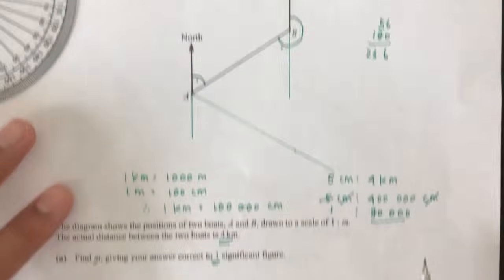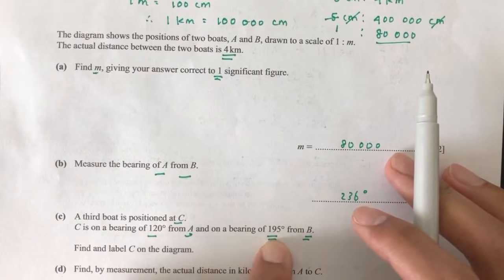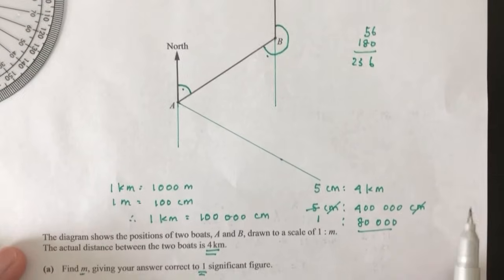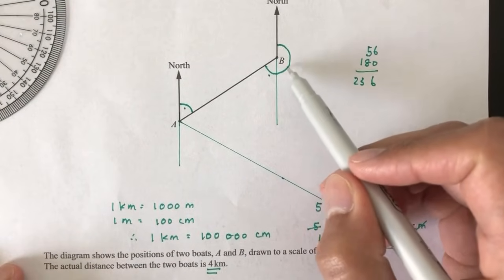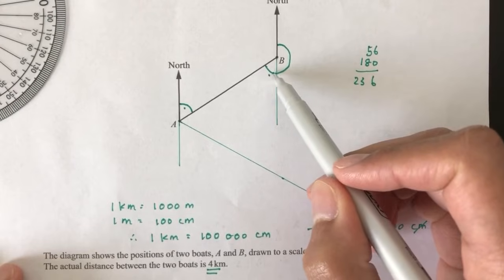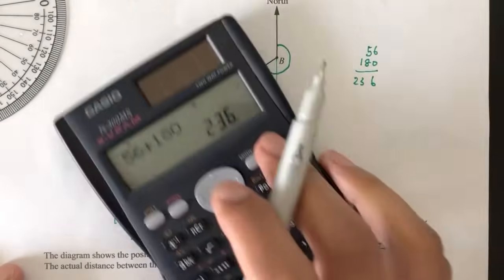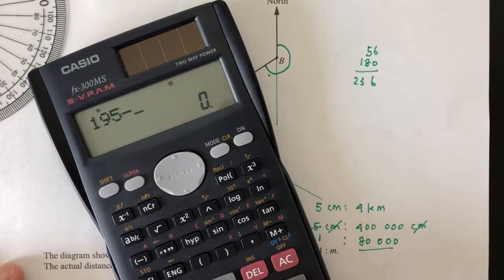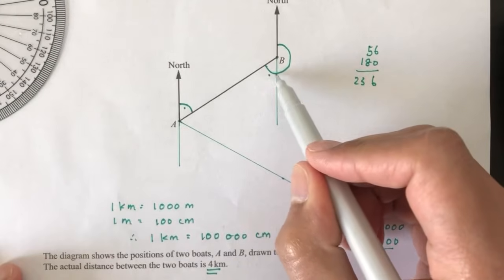Now we say that it is on a bearing of 195 from B. So this is B, this is 180, and 195 will be about here. So 195 minus 180 will be 15, but let's check. It means that the angle from here to here needs to be 15.